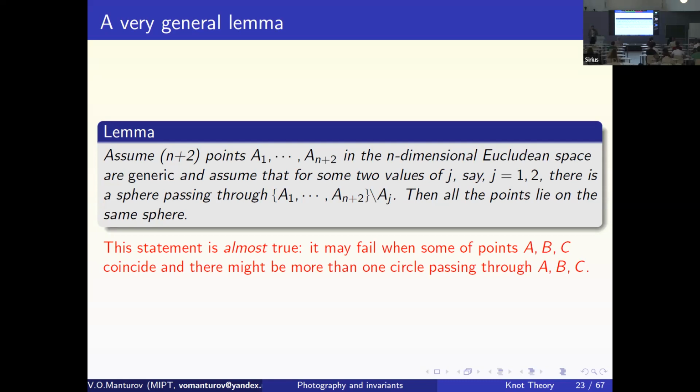And this means that we can write down some system of equations. So if some system of equations is satisfied for one quadruple and for another quadruple, then it is satisfied for the remaining quadruples. And the same happens in any dimension. And this is the clue to constructing invariants in higher dimensions.